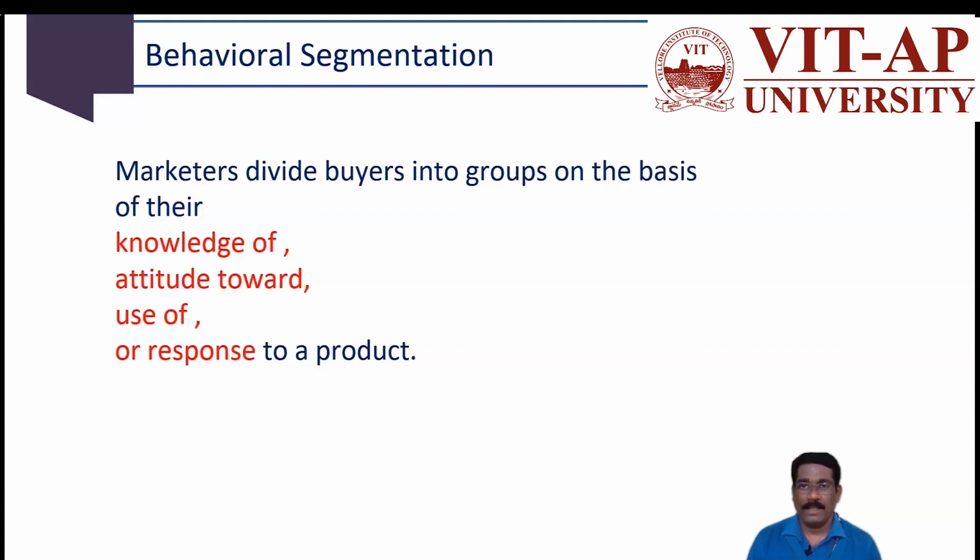So marketers divide buyers into groups on the basis of their knowledge about the product or service, attitude towards the product or service, the use of the product or service, and the response towards the product or service. That we collectively call a behavioral segment.